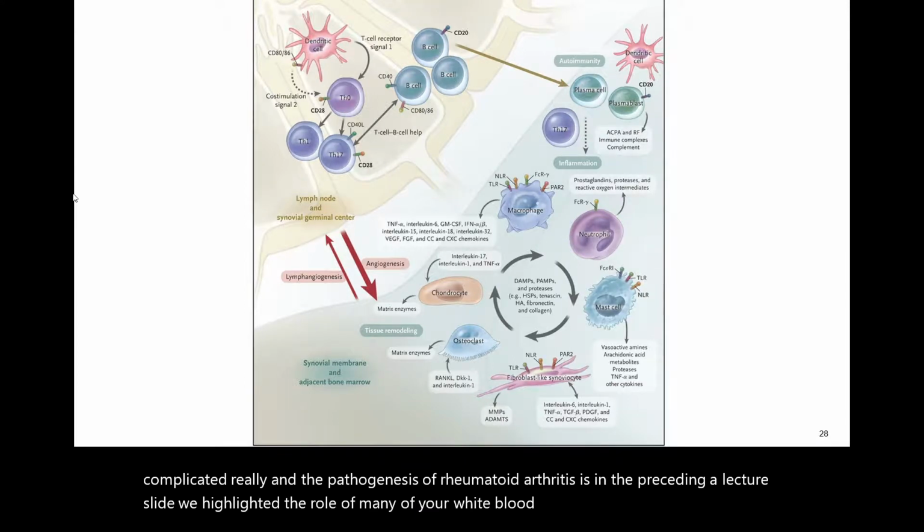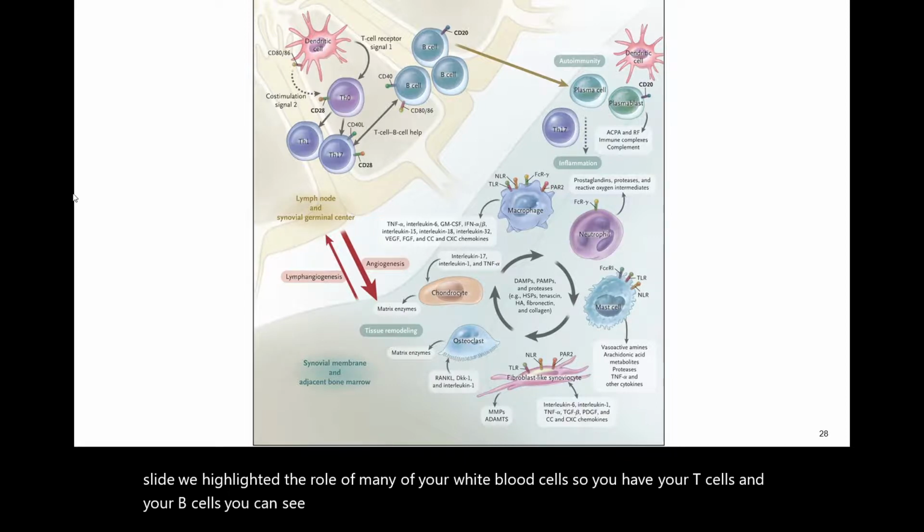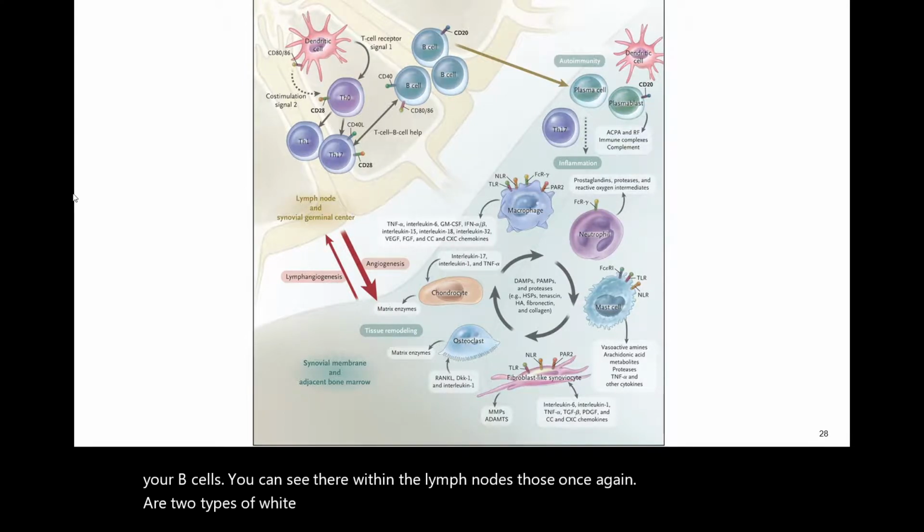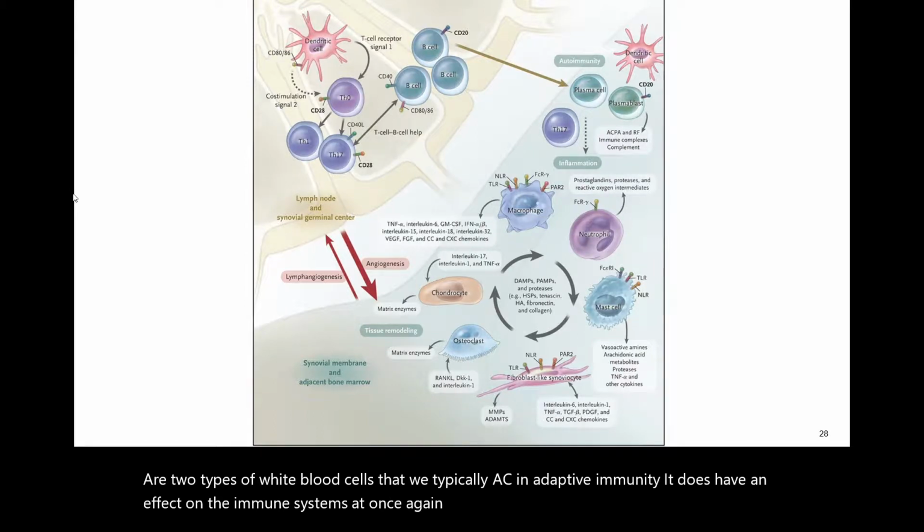So you have your T cells and your B cells, you can see there within the lymph nodes. Those, once again, are two types of white blood cells that we typically see in adaptive immunity. It does have an effect on the immune system. So once again, rheumatoid arthritis is an autoimmune condition.